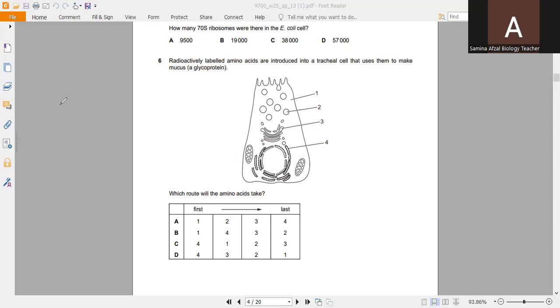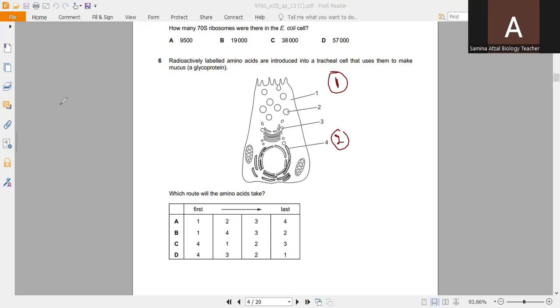So here you can see this process will take place first in the cytoplasm. So it will start right from here, at number 1, and then what will happen? This process is taking place in the cytoplasm. Around the nucleus, you can see the rough endoplasmic reticulum. On the rough endoplasmic reticulum, there are ribosomes attached.